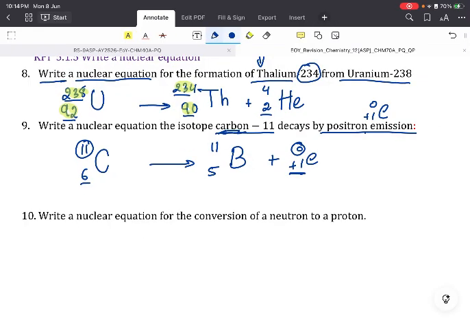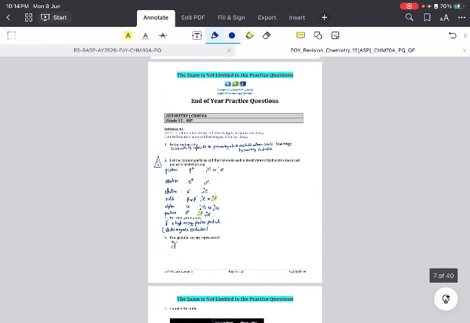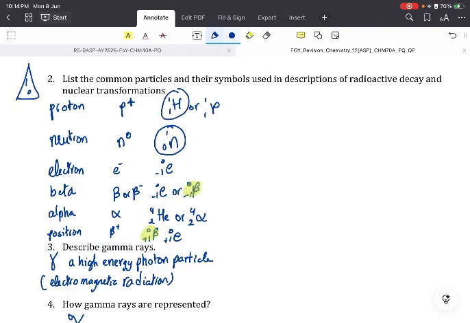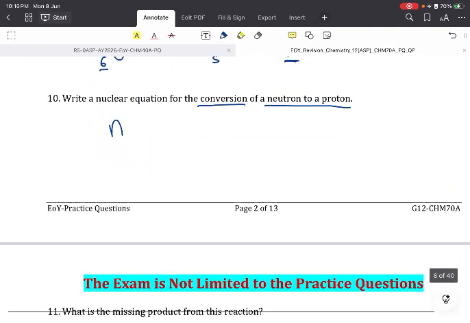Write a nuclear equation for the conversion of a neutron to a proton. So I have a neutron, and again here's the symbol of neutron, and it is converted to a proton. So here's the proton. You can say H or you can say P. It's okay. So it's basically the same.